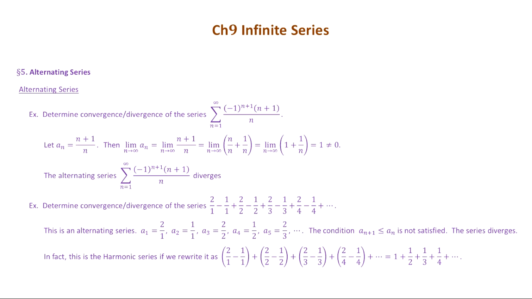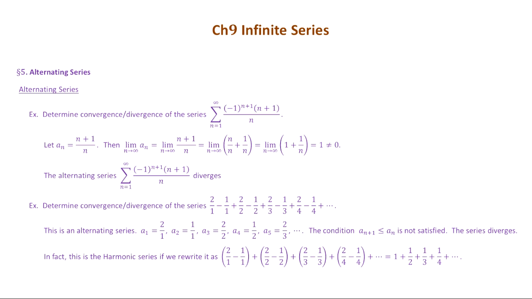Okay, we got another divergent alternate series. And actually, if you rewrite this series, grouping two terms each time, you get 2/1 minus 1/1 plus 2/2 minus 1/2 plus 2/3 minus 1/3 plus 2/4 minus 1/4.